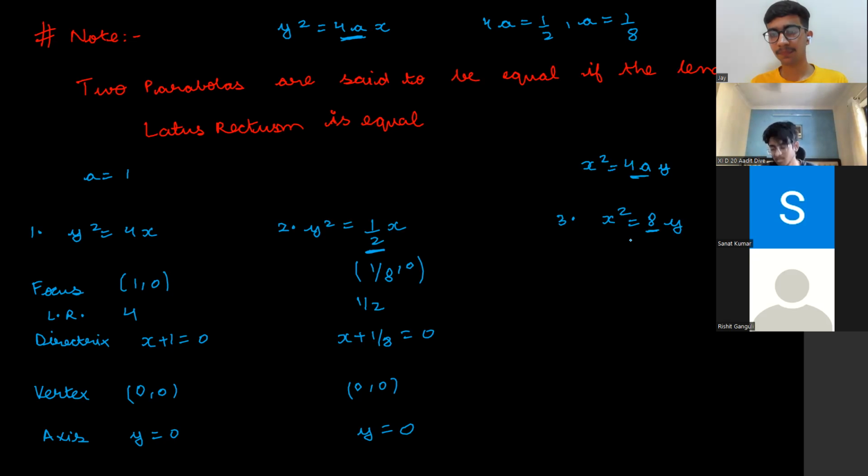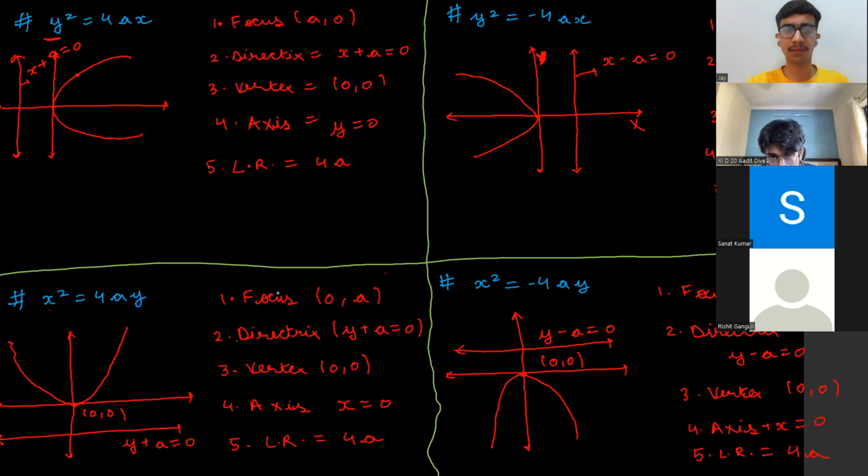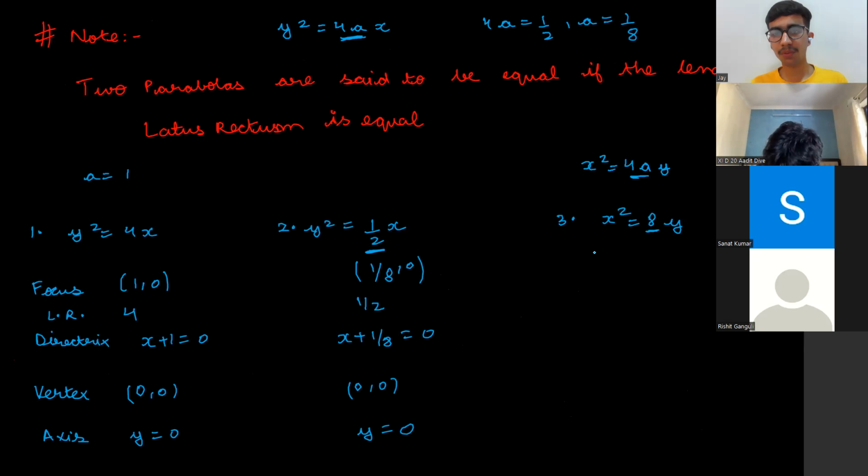Sir, 8. Okay, so what is the value of a now? Sir, 2. So for a parabola like x square is equal to 4ay, we have the focus as 0 comma a. So since a is 2, focus will be 0 comma 2.